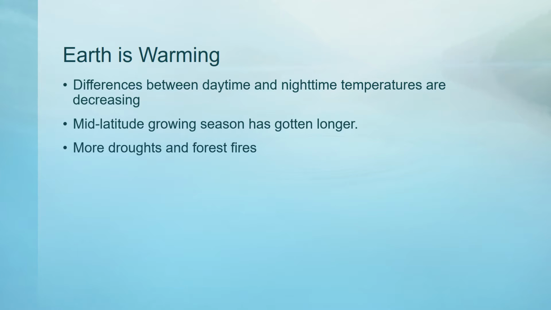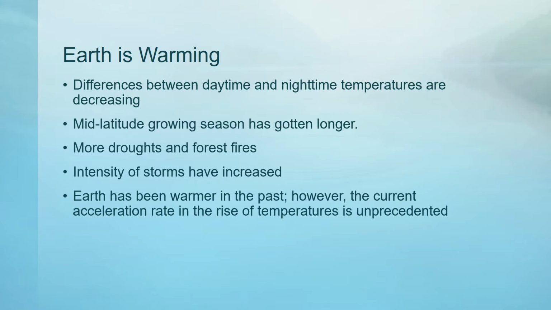There are more droughts, of course, and forest fires. We look at, in this case, Paradise, California. The intensity of storms has increased. So again, there may not be more tornadoes or more hurricanes, but the proportion of category 4 or 5 hurricanes or F5 tornadoes is increasing because more heat energy is feeding into those storms.